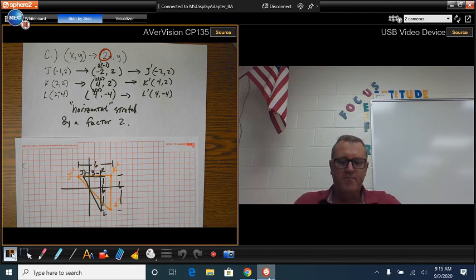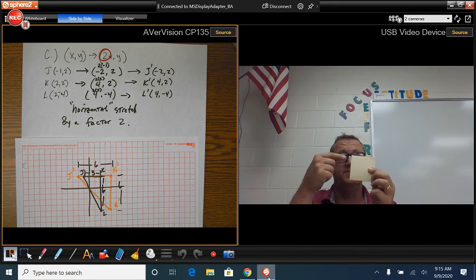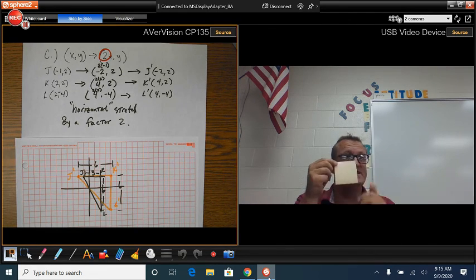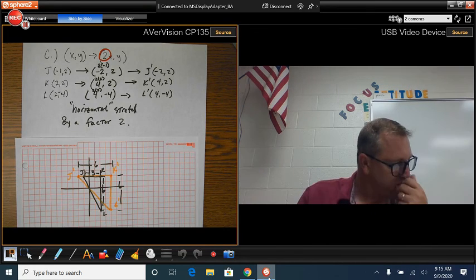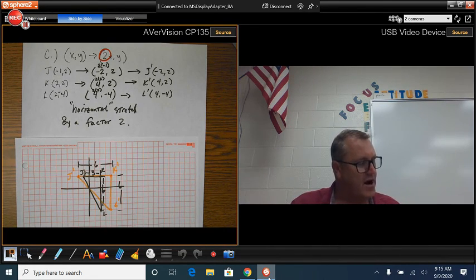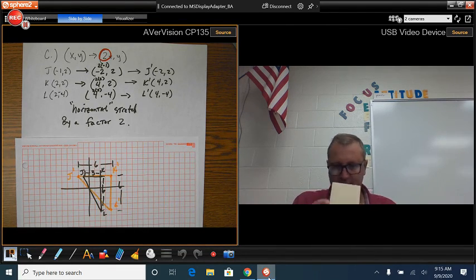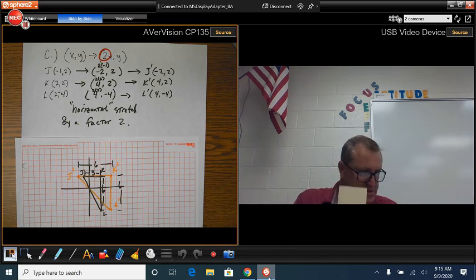In other words, the shape stays the same. It's still a square. It preserves betweenness, collinearity, which means things that are in line are still in line, and things that are parallel would still be parallel.